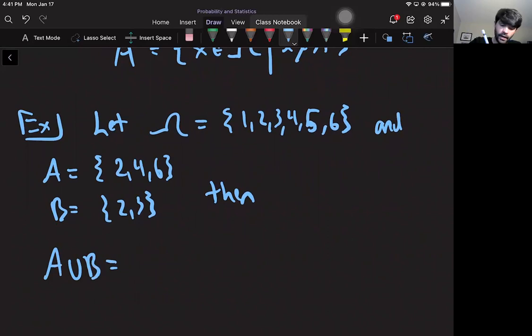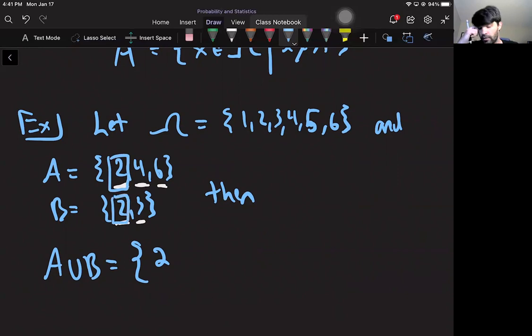Well, you got to be a little bit careful. So it's all the stuff that's in either A or in B. So you just go through and you say, what's in there? Well, it's got a 2, but there's not going to be 2 2s just because you see it twice. You don't count repeats. Just the fact that it's in one of them is already enough.